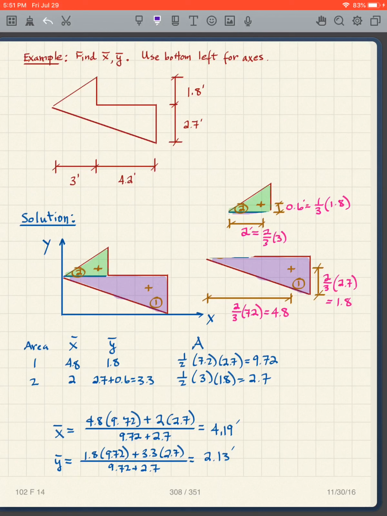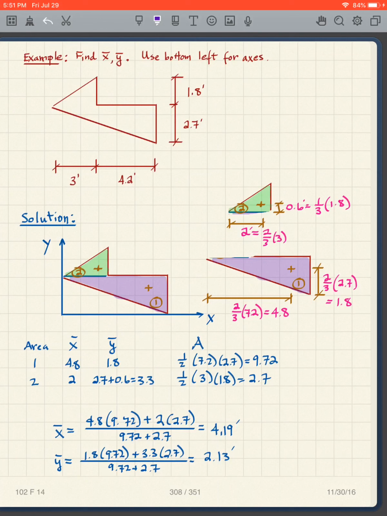and notice that for area 1, I have the x bar is that, the y bar is that. For area 2, this is the x bar, so that's 2/3 of 3, which is 2.